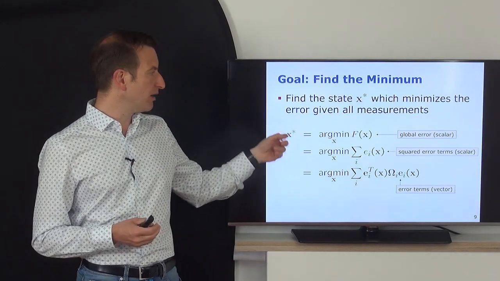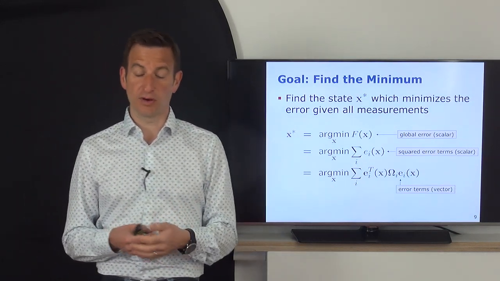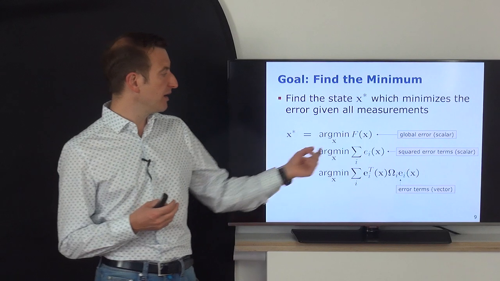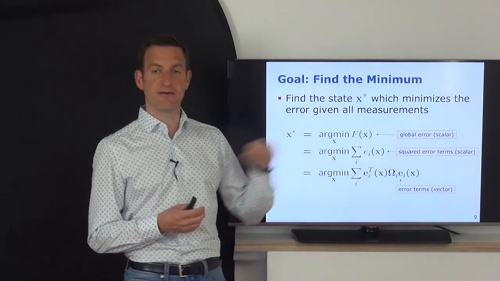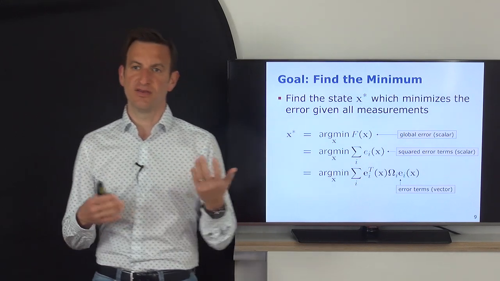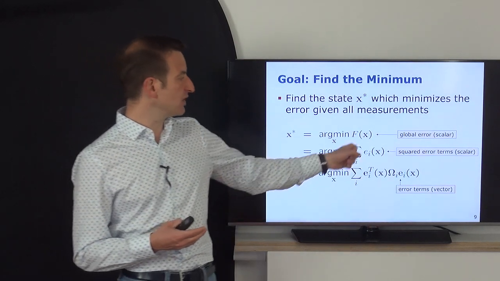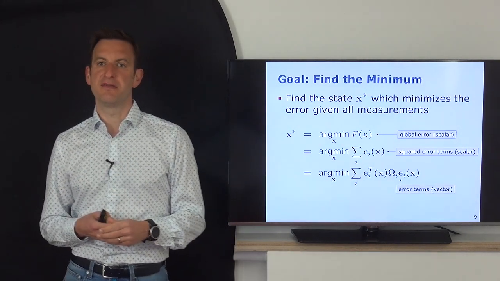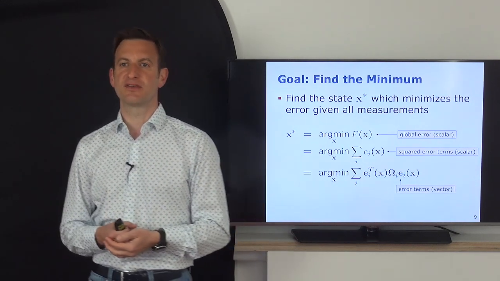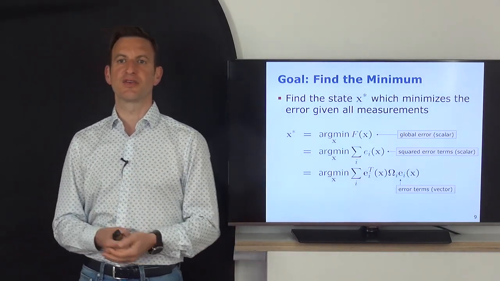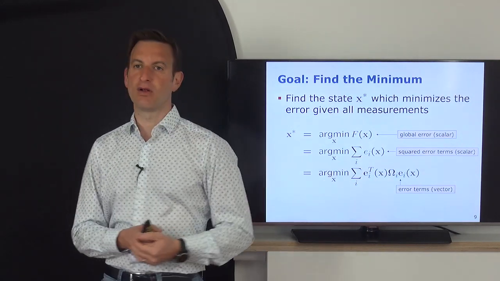So our desired state x star, the x that we want to compute, our optimal state, is computed by minimizing a function F of x, which is the global error function, which is a scalar, and it can be expanded as the sum of the individual error terms that we just computed on the previous slide. So these are the squared error terms, which are also scalars, of the individual measurements. And we are simply summing over all measurements.